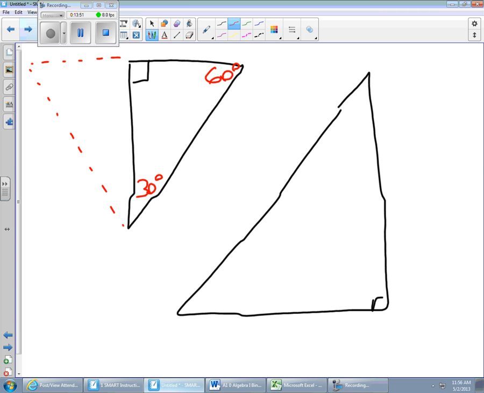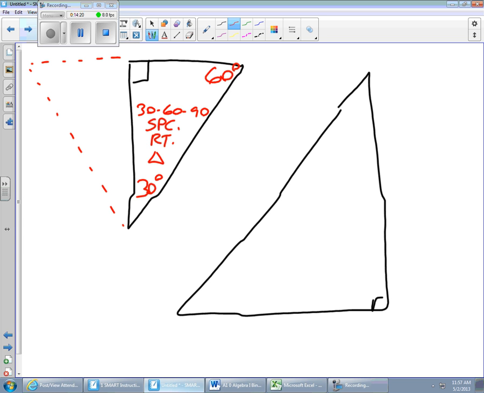So we do have a 60 in the corner, and this 30 down at the bottom was split in half. So this is a 30, 60, 90 special right triangle. That's its name, and if you happen to run into a 30, 60, 90 special right triangle, it has formulas that are on the formula chart. We're going to get to that in just one moment.